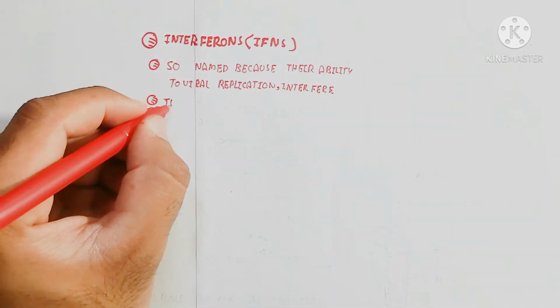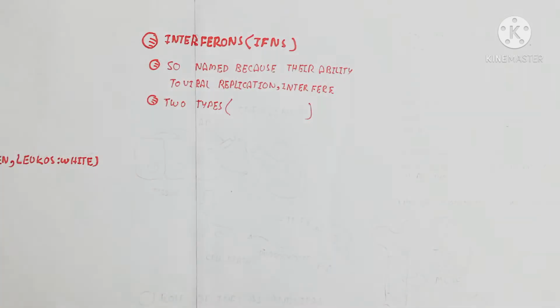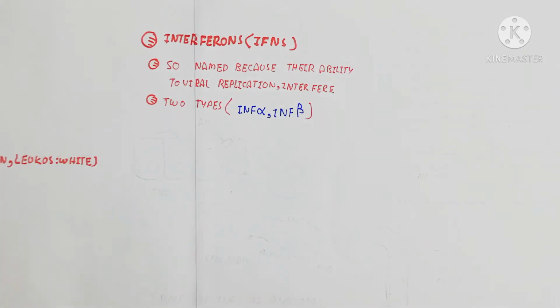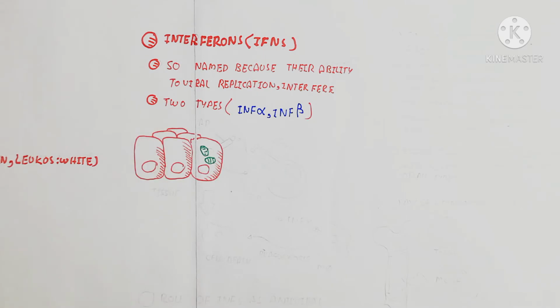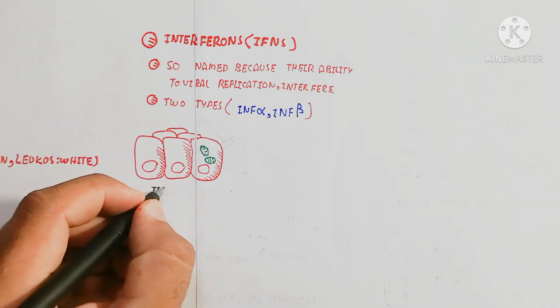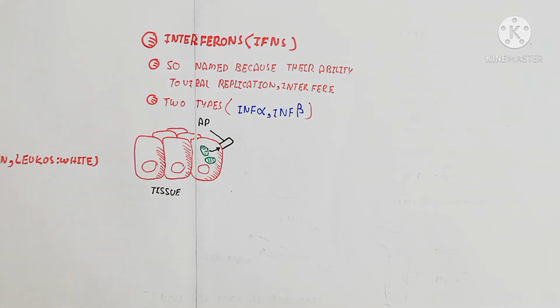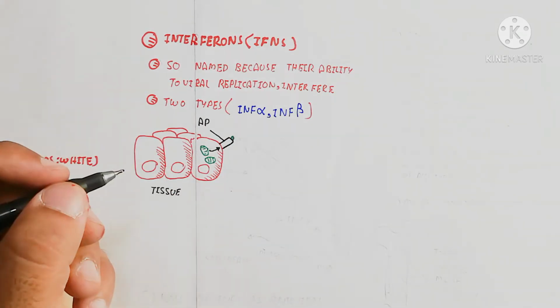On the other hand, the interferons, IFNs. The IFN alpha and IFN beta are interferons, and there are two types. The first type is IFN alpha and IFN beta.